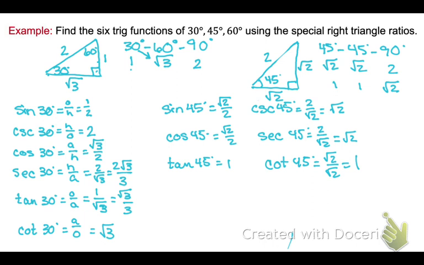Sine and cosine are co-functions. Secant and cosecant are co-functions. Tangent and cotangent are co-functions. So 30 and 60 are complements of each other. The co-functions of complements are going to have the same trig values.